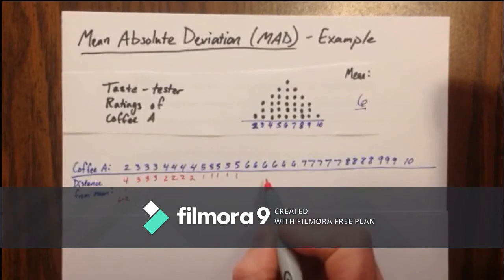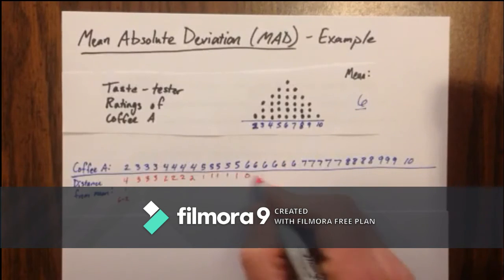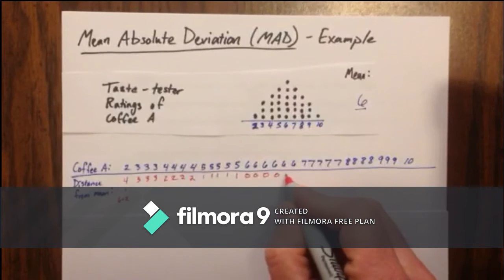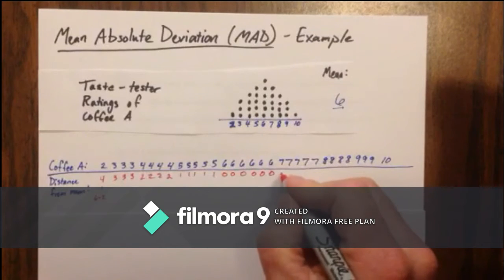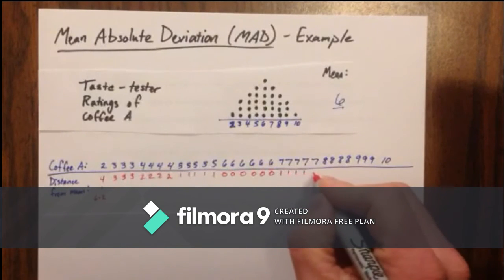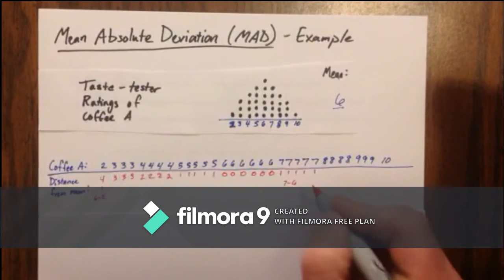How far is 6 from 6? A little bit of a strange question, but it's 0 units away. 7, how about 7? 7 is only 1 unit away from 6. If you're going to do a calculation, you'd probably take 7 minus 6.